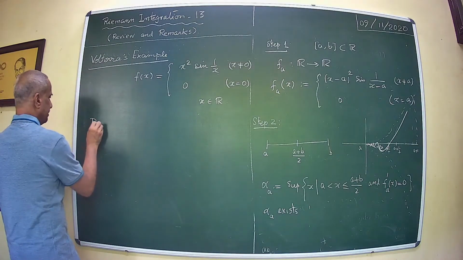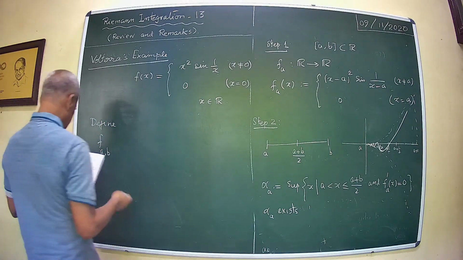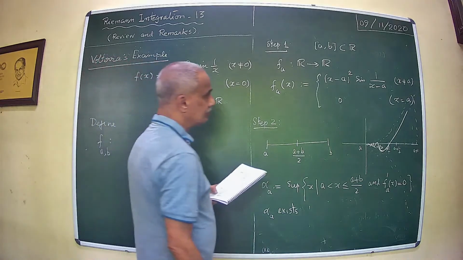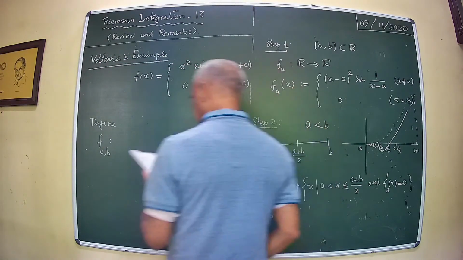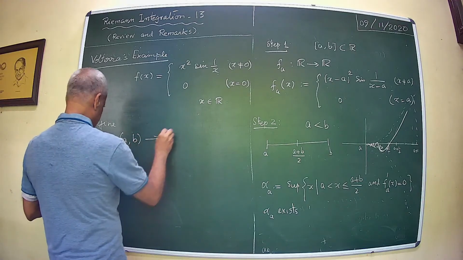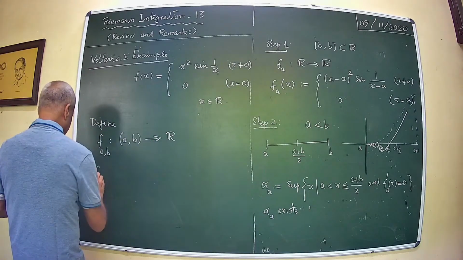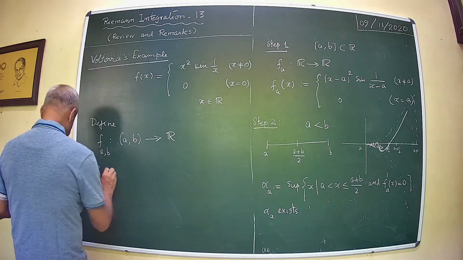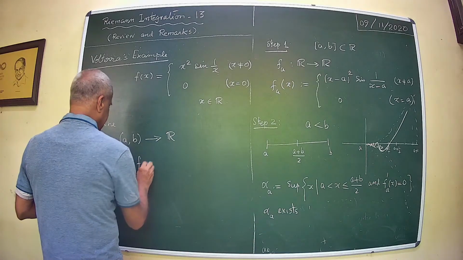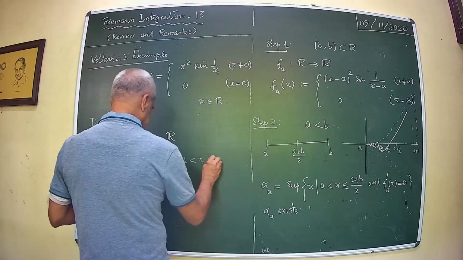Now you define another function. Define this, the notation f a b, from the interval a b to R. You define this as follows: f a b of x is equal to f a x if a less than x less than or equal to alpha a.